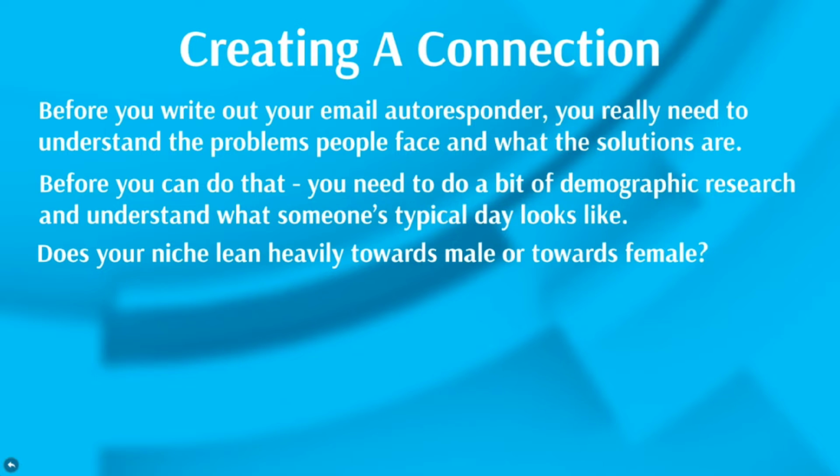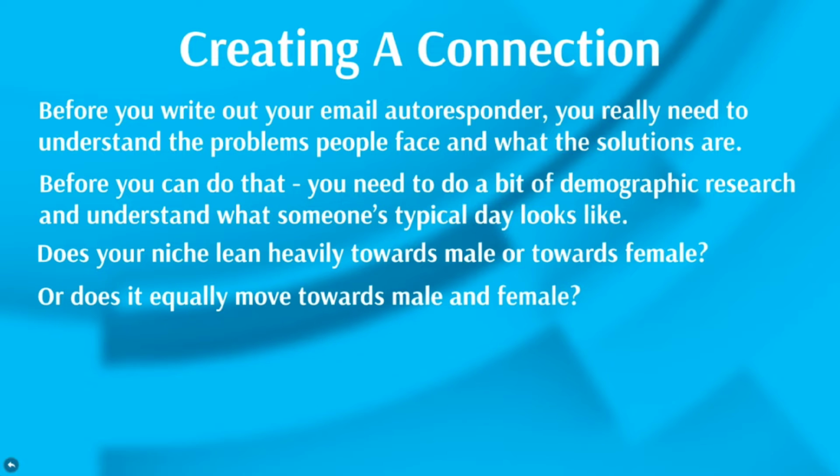So my question to you is, does your prospect within your niche lean heavily towards male or towards female, or does it move equally towards both? In order for it to lean towards female, let's say for example that niche is 90% female, or even 95% or 75%.